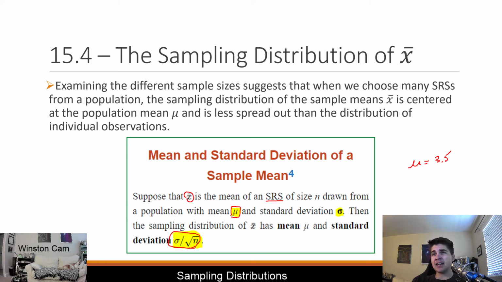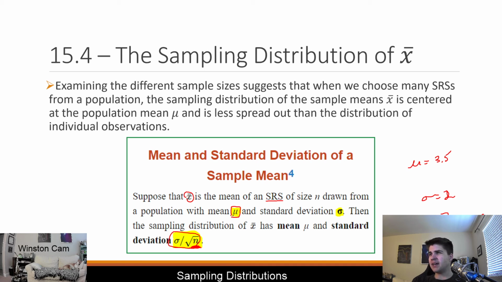But let's just say the standard deviation is 1 for rolling a dice. That's not what it actually is. Or let's say it's 2, and our sample size was 5. The standard deviation of the sampling distribution would be the actual standard deviation of the whole divided by the square root of the sample size n. So dividing by the square root of 5, this would give us approximately 0.9 or something like that.